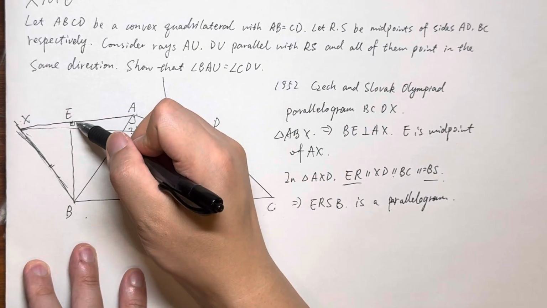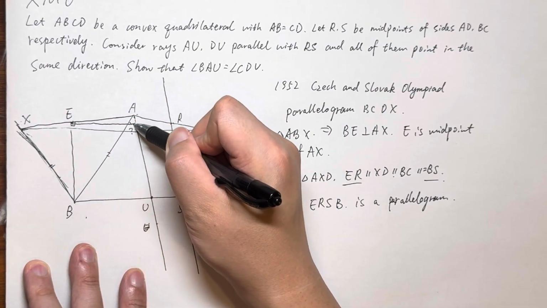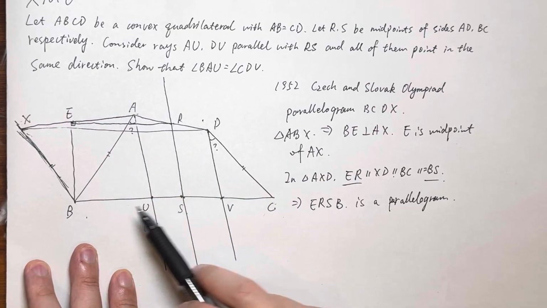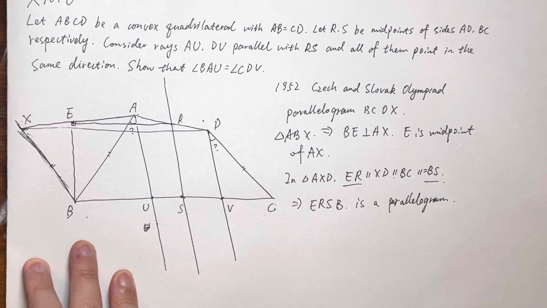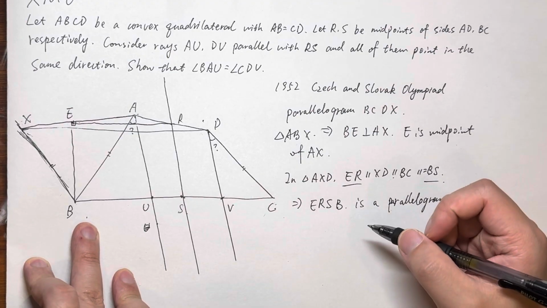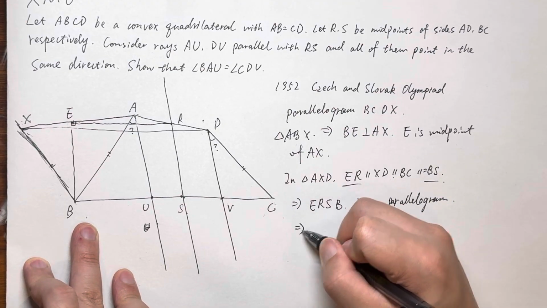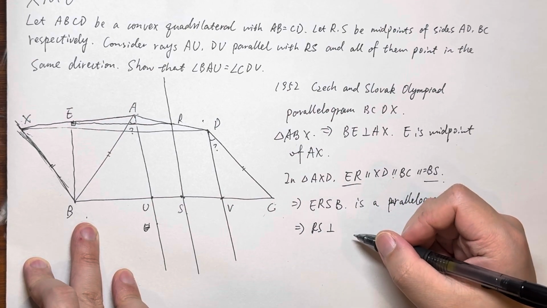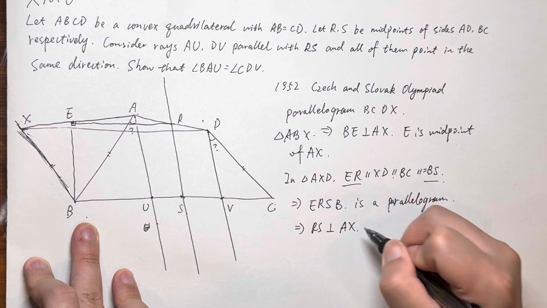Right? If we connect ER here, we know that ERSB is a parallelogram, which means RS is perpendicular to AX as well.